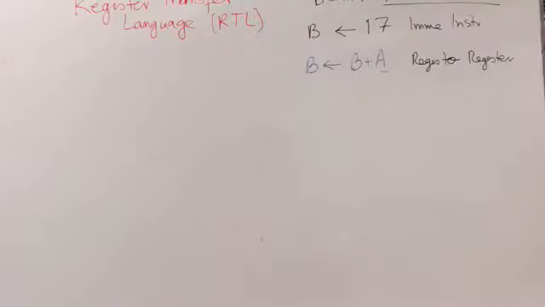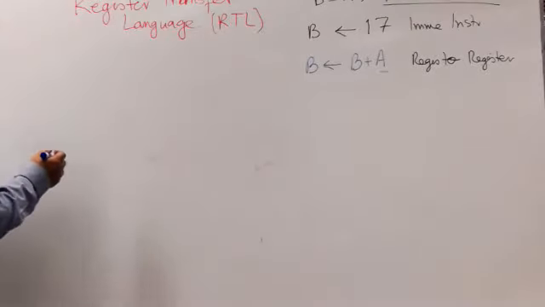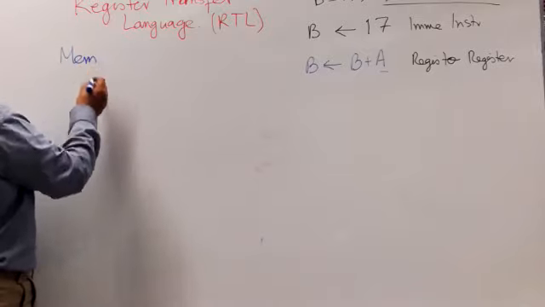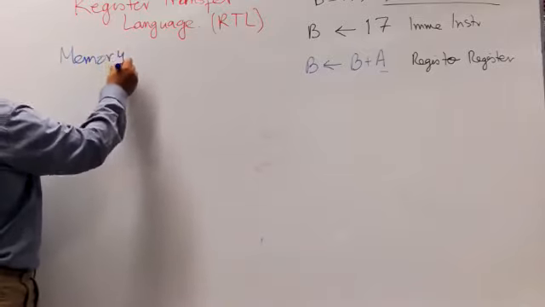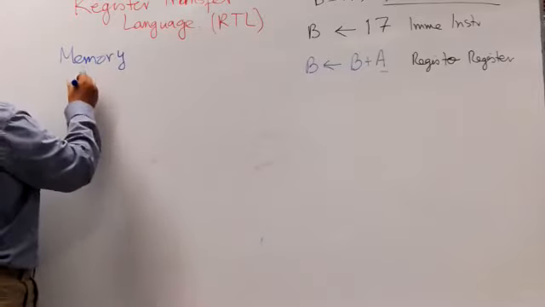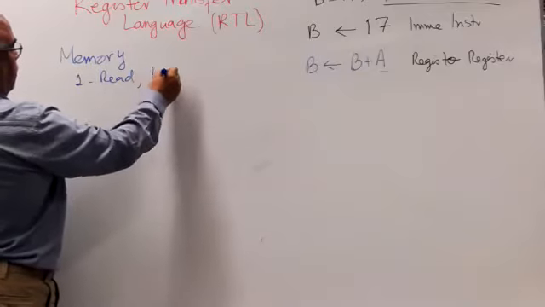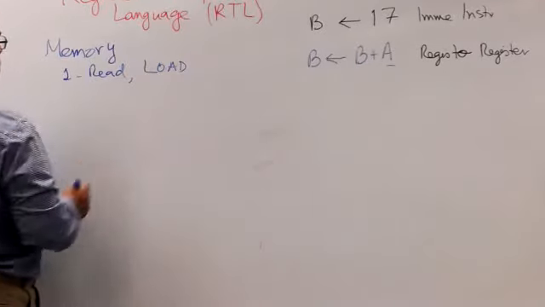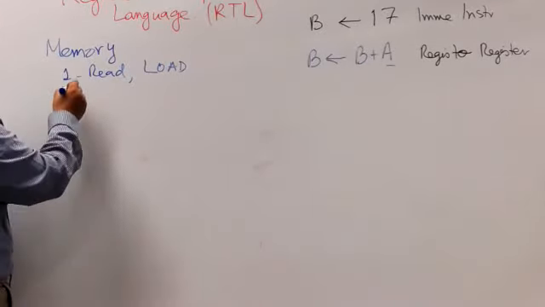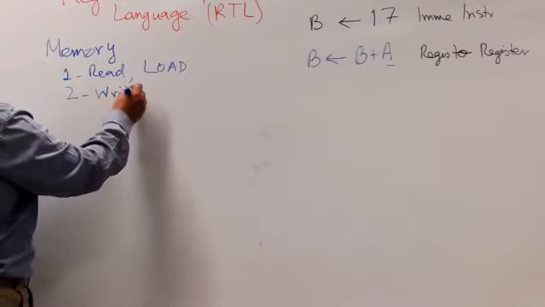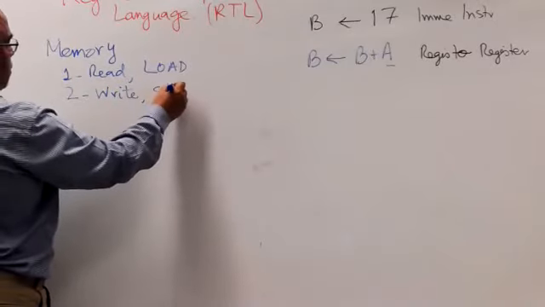So there are two basic operations, very simple basic operations with the memory. One is read, जिसको load भी कहते हैं, and second one is write, जिसको store भी कहते हैं.